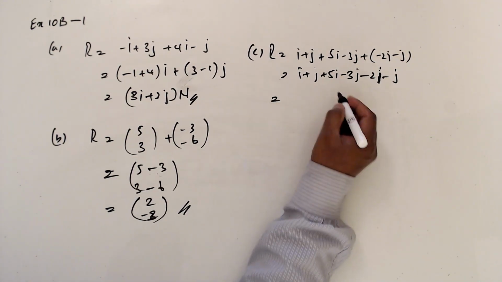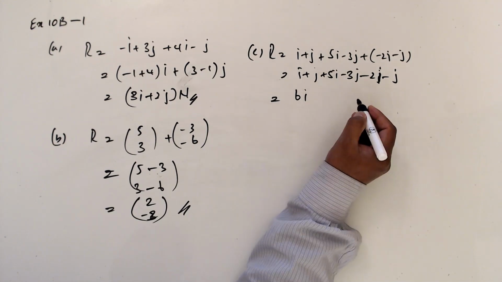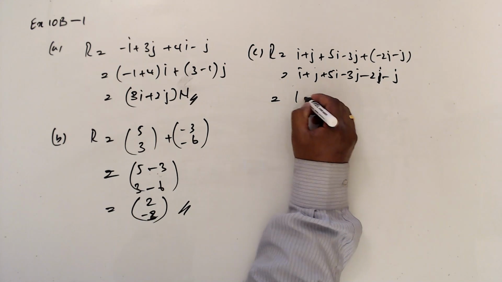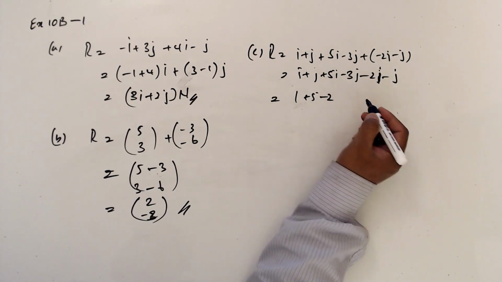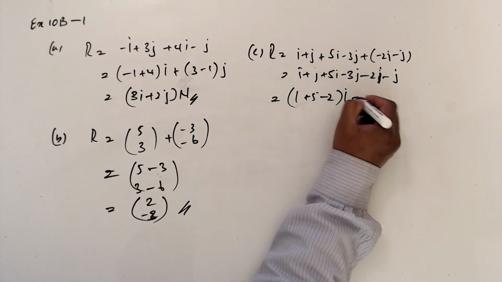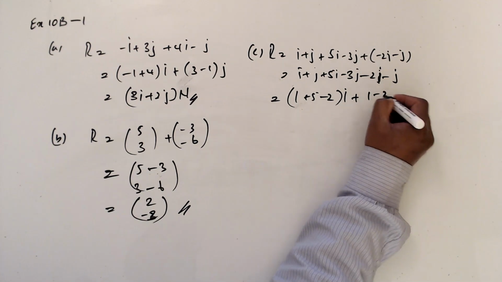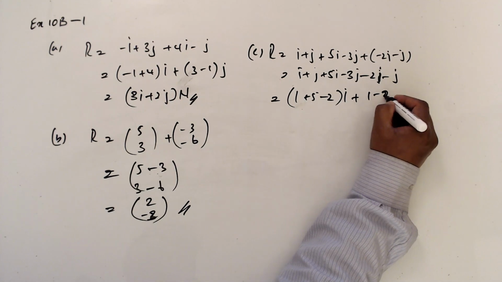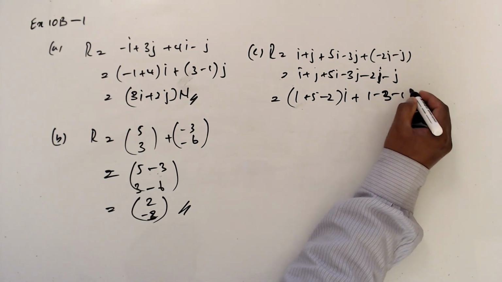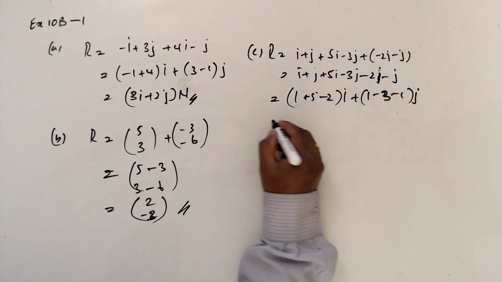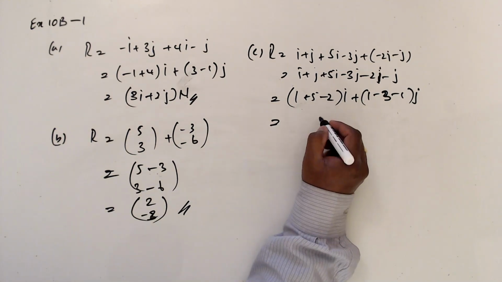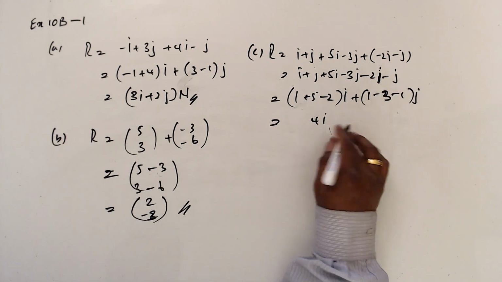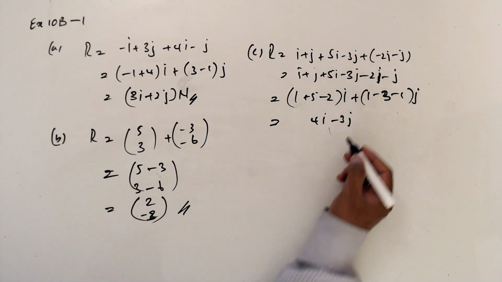This is going to be 1 plus 5 minus 2 i plus 1 minus 3 minus 1 j. So this is going to be 4i minus 3j.